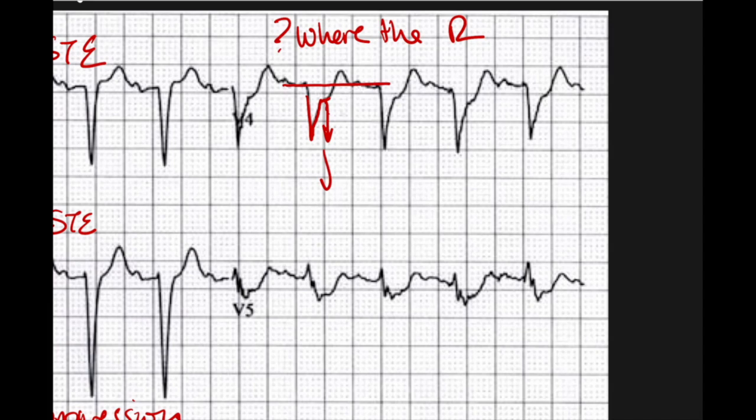And we see some J point depression of about 2 millimeters again. ST depression, 2 millimeters, and I would say that's upward sloping again. Also bear in mind that this QRS complex is encroaching on a little widened.